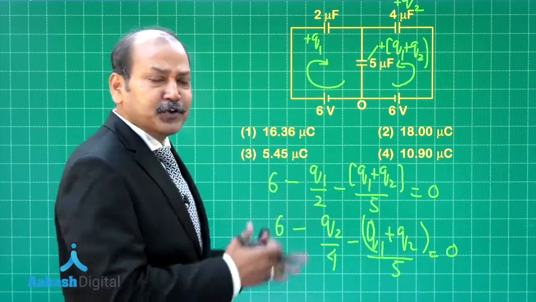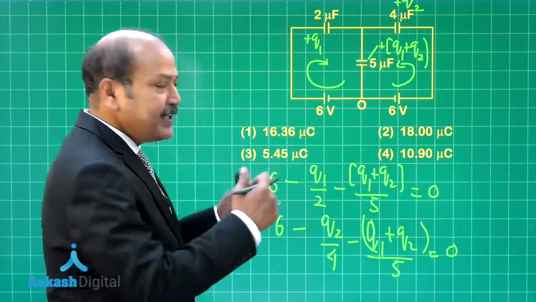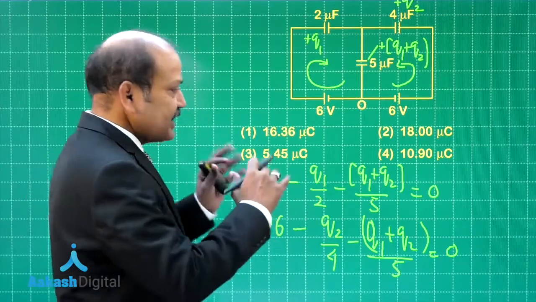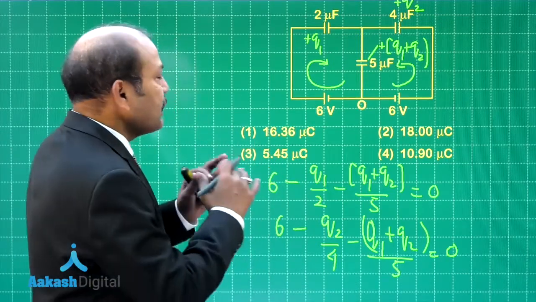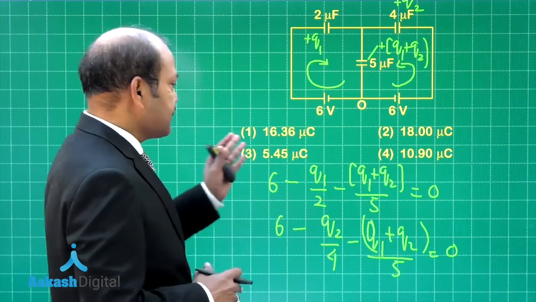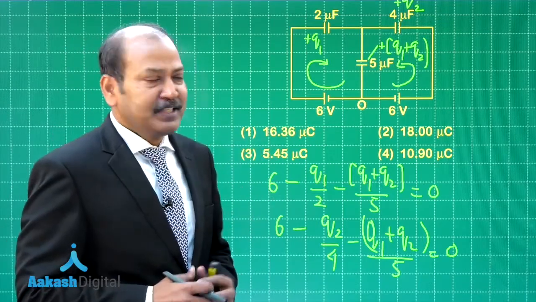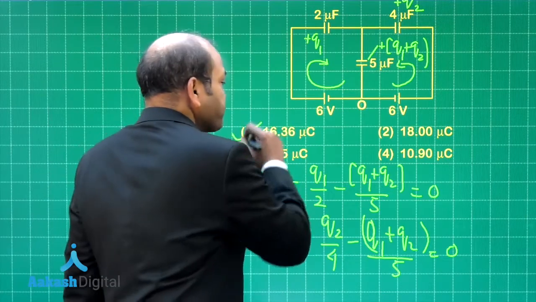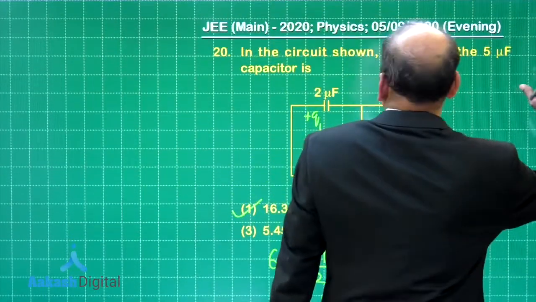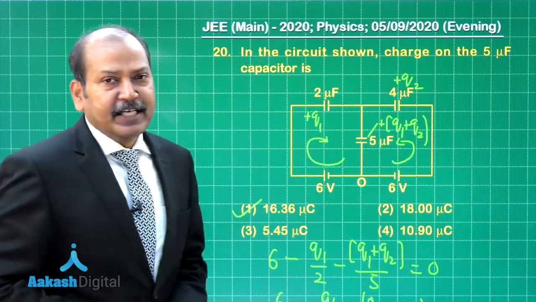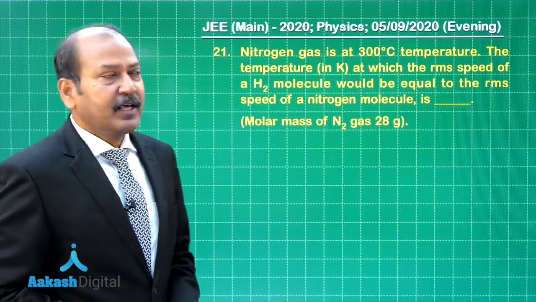There are two unknowns, Q1 and Q2, and two linear equations, so we can easily solve them, and the value of Q1 plus Q2 comes out as 16.36 microcoulomb. So, option 1 is correct for this question, and let us now go to question number 21.